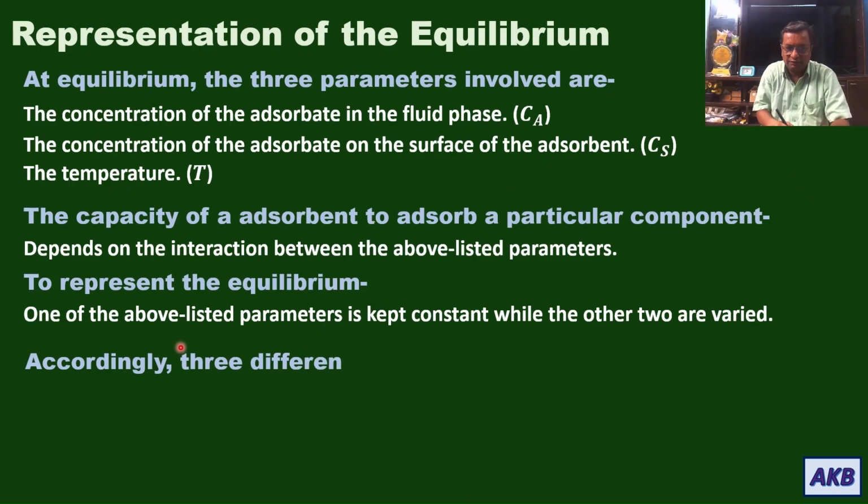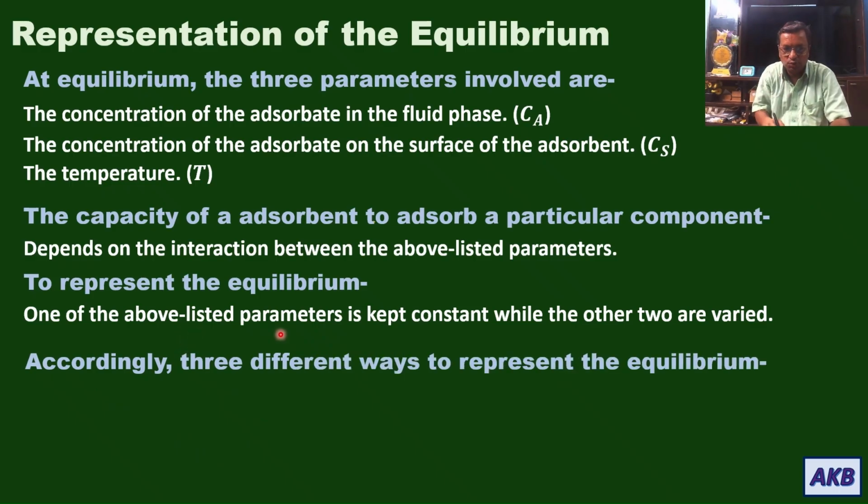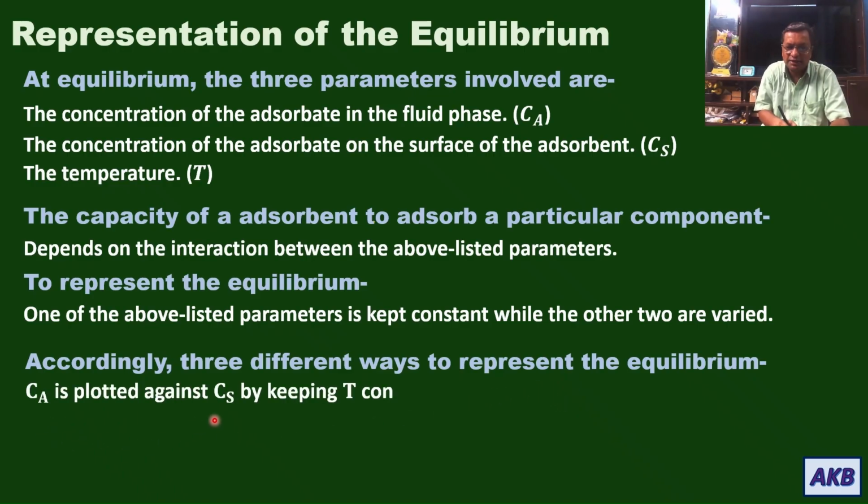When you are keeping one parameter constant and varying the other two, there are three different ways in which you can represent the equilibria. The first way is you can plot Ca against Cs by keeping T constant.